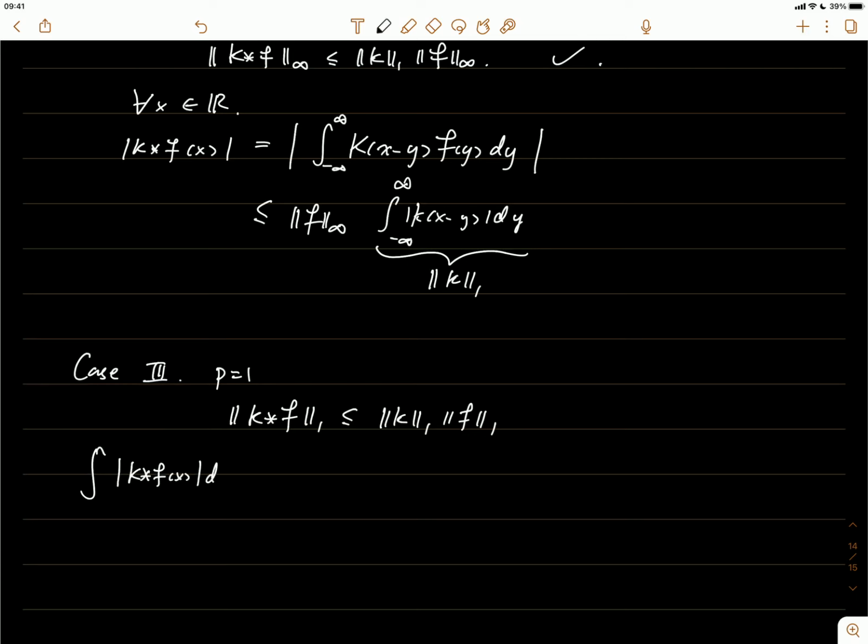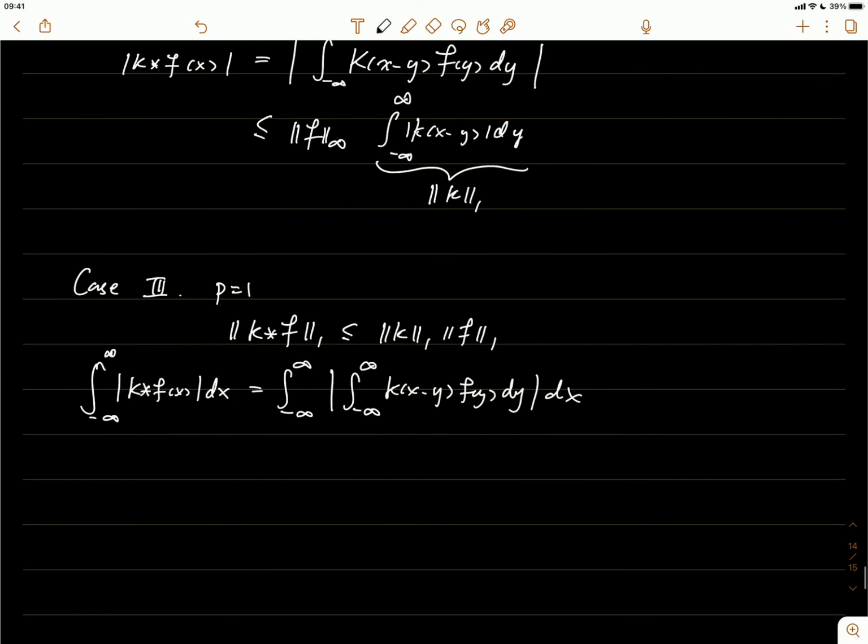Let me just write out this convolution, which is the integral of k(x minus y) f(y) dy dx, and I can move the absolute value inside. So it's |k(x minus y)| |f(y)| dy dx.